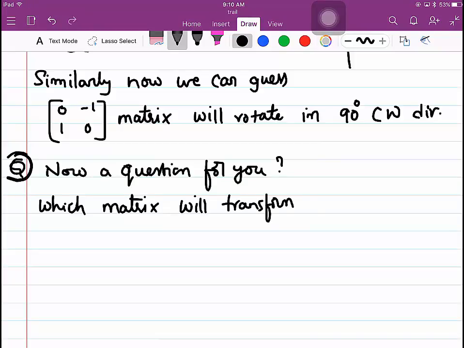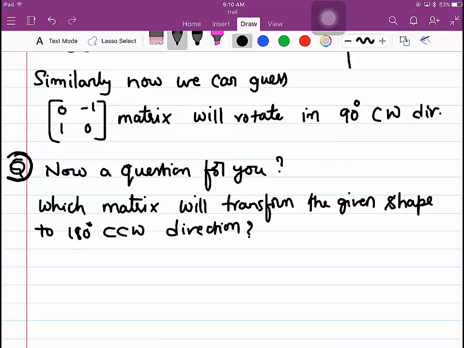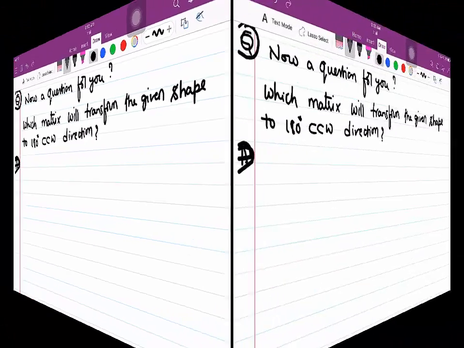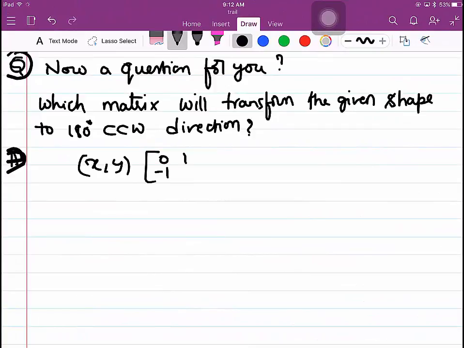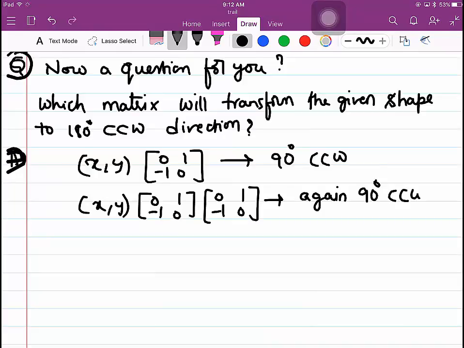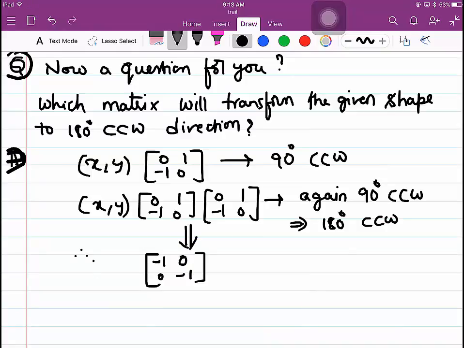Which matrix will rotate the given shape by 180 degrees? I hope everybody got the solution. Here it is just multiplying the 90 degree rotating matrix twice. If we do so, the entire image rotates by 180 degrees. So the matrix which rotates the given object by 180 degrees is -1, 0, 0, -1.